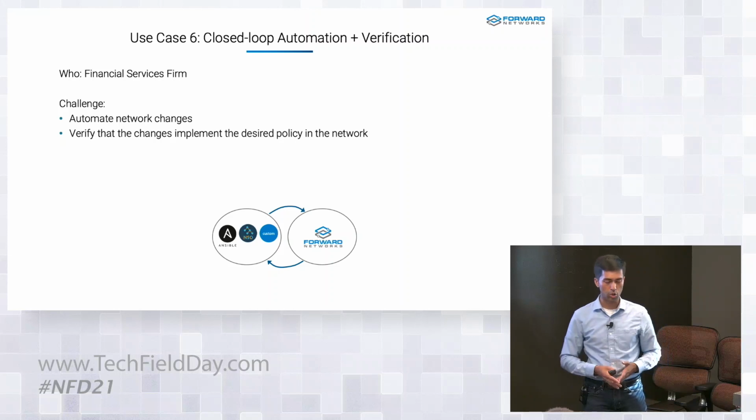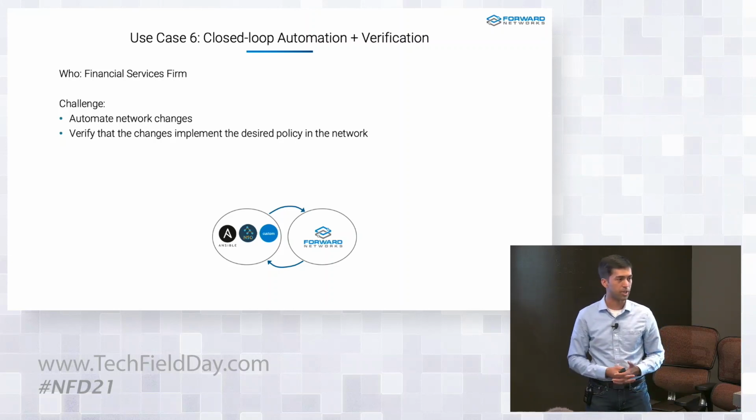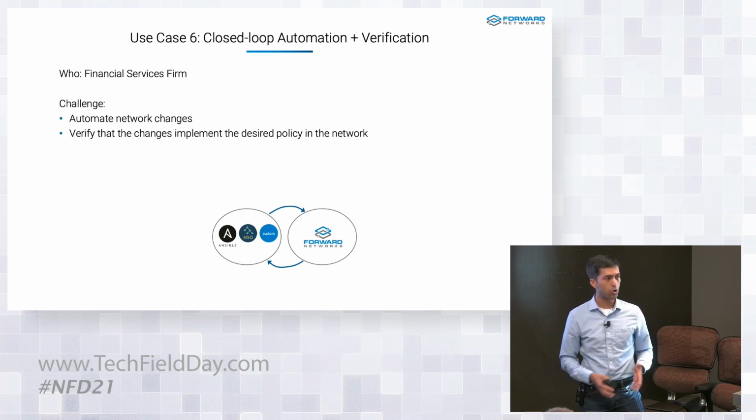The last use case that I'm going to talk about here is a closed loop automation plus verification use case. We looked at automated provisioning, but to really close the loop with automation, you also need verification. You want to verify that the automation system you're building is actually implementing the expected changes in the network, before and after you make the change, and that it had the desired impact.